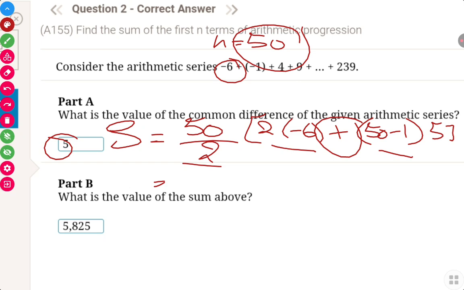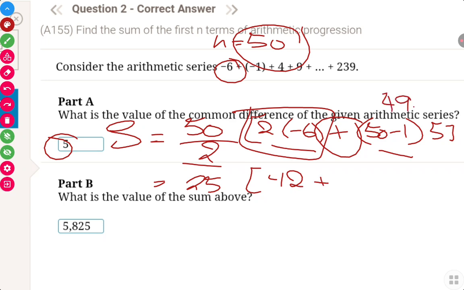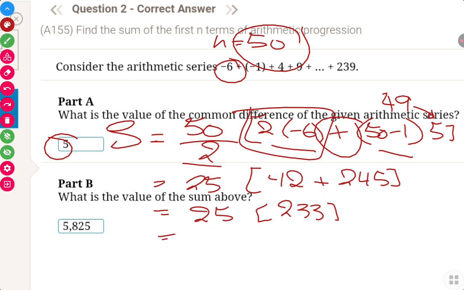So 50 over 2 is 25 times 2 times negative 6 is negative 12 plus 50 minus 1 is 49. 49 times 5 is 245. So 25 times negative 12 plus 245, which is 233. And then 233 times 25 is 5,825. So that's how you find the sum or the value.